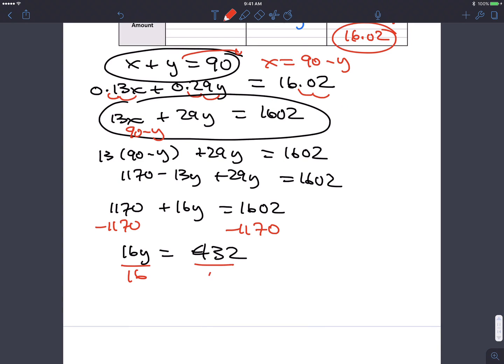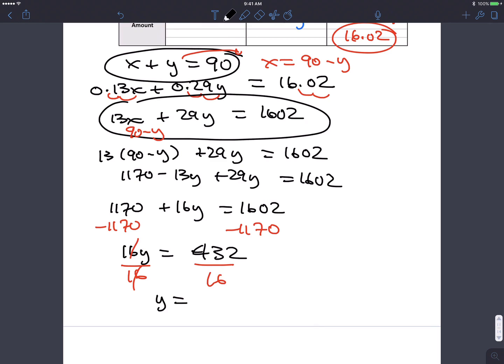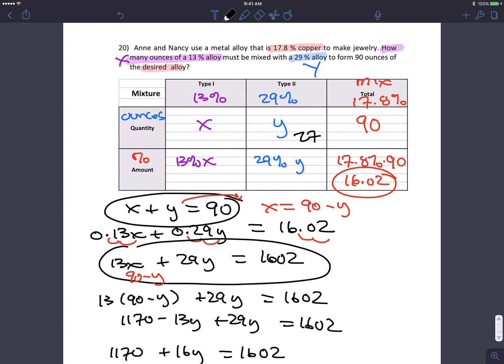Divide both sides by 16, we end up getting y equals 432 divided by 16, which is 27. So y is 27, meaning we're going to have 27 ounces here. And 90 minus 27 looks like it's going to be 63. 63 ounces for 13%, 27 ounces for 29%.